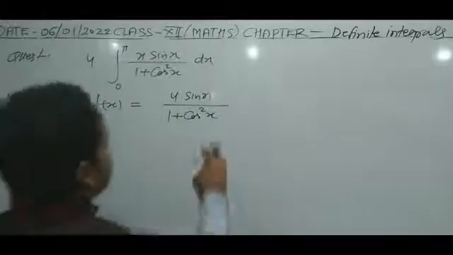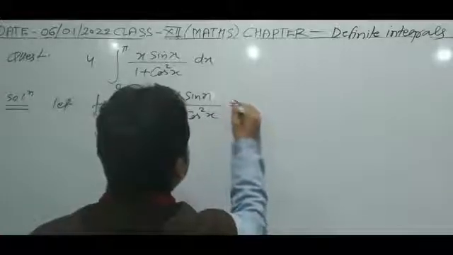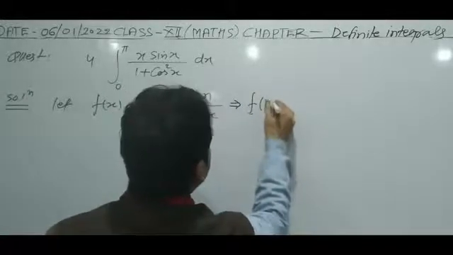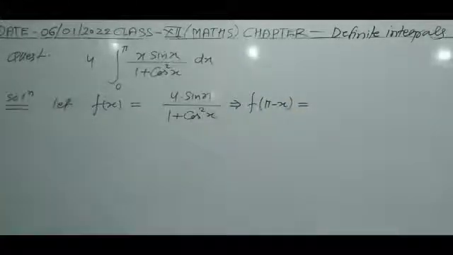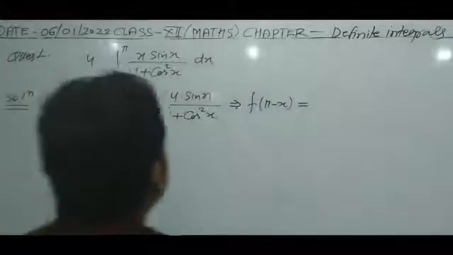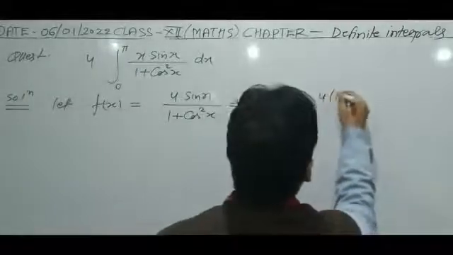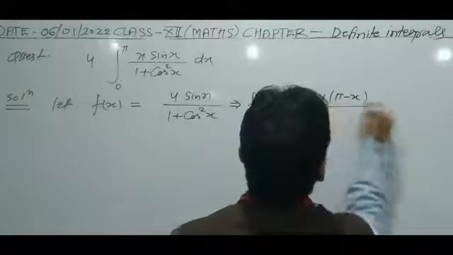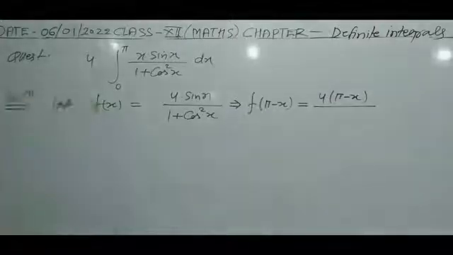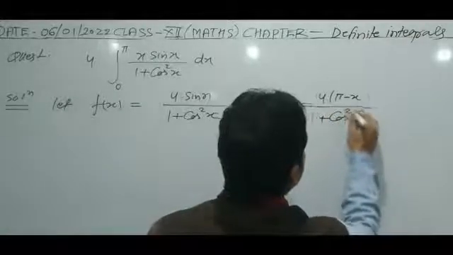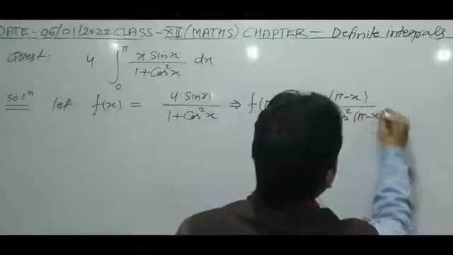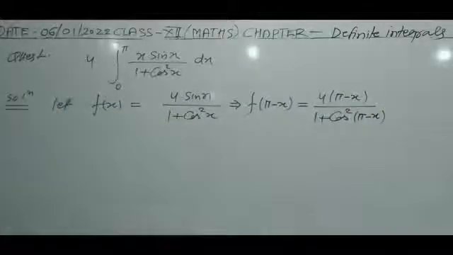This implies f of pi minus x we can write 4 times pi minus x sin of pi minus x upon 1 plus cos square of pi minus x.